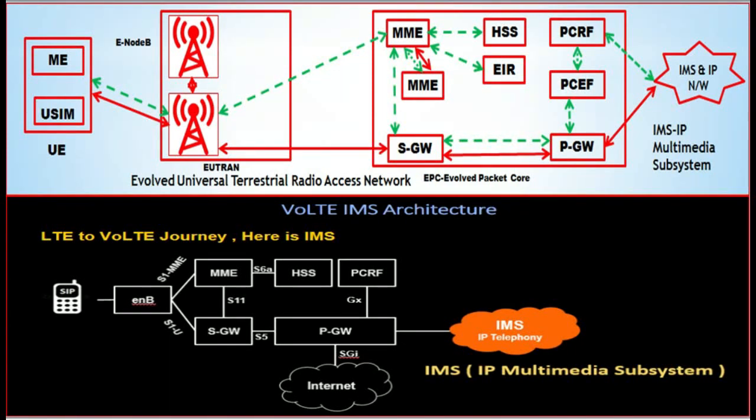This is a typical LTE network which provides high speed internet access. Traffic flows all the way from the mobile handset, UE, to eNodeB, to serving gateway, to PGW, and from PGW via the SGi interface it goes to the internet.